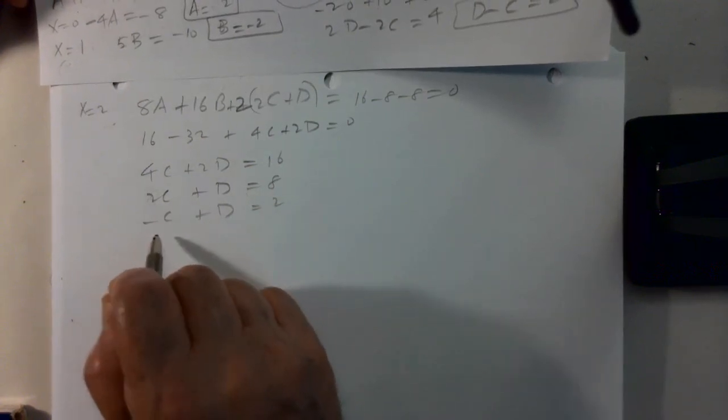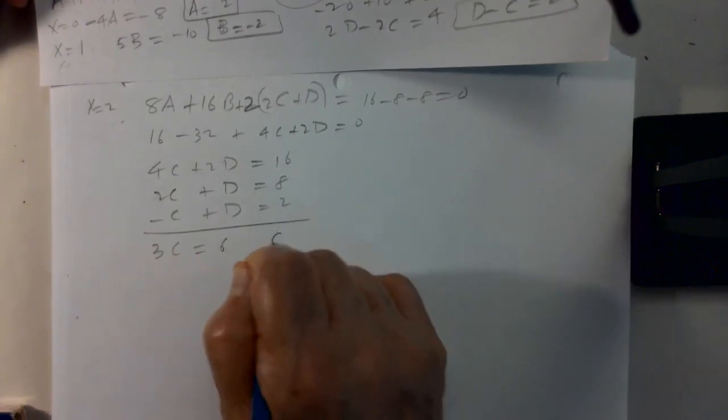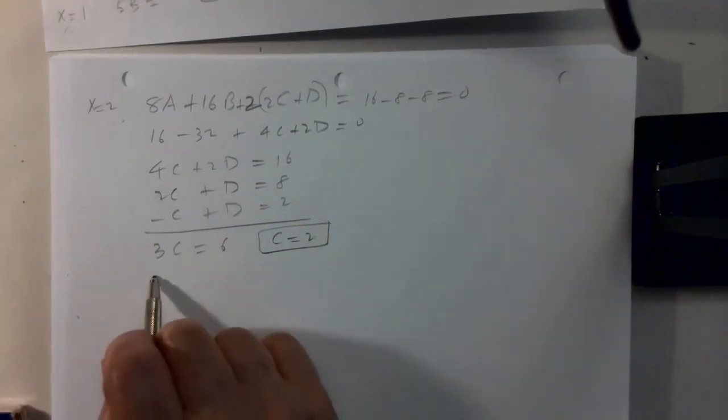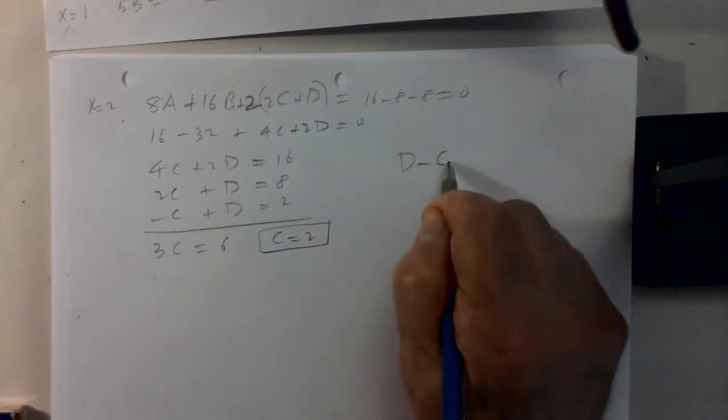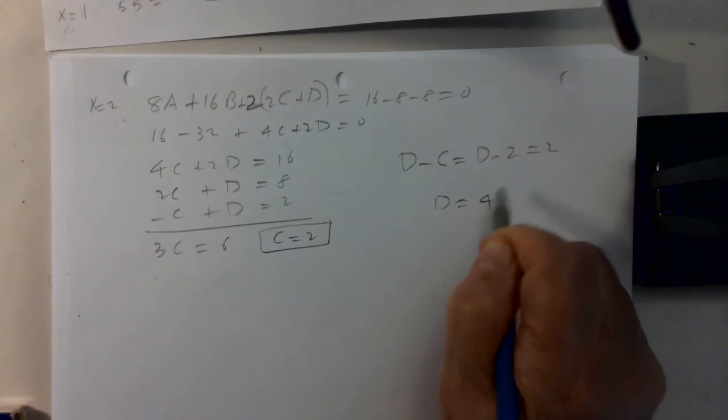So if I subtract, I get 3c equals 6, or c equals 2. And d minus c is d minus 2 equals 2. So d equals 4.